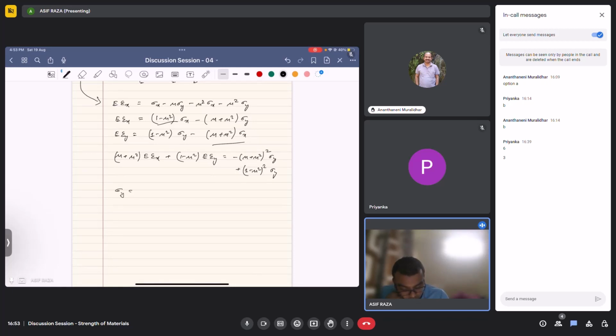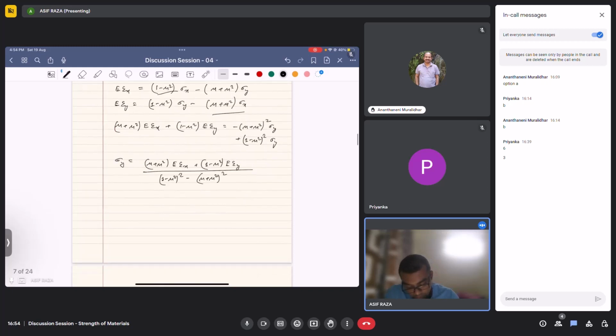The sigma y is mu plus mu square E epsilon x plus 1 minus mu square E epsilon y divided by 1 minus mu square whole square minus mu plus mu square whole square. I don't know if I'm doing it correctly. Let's see.